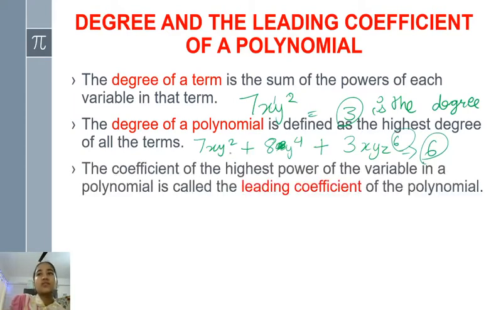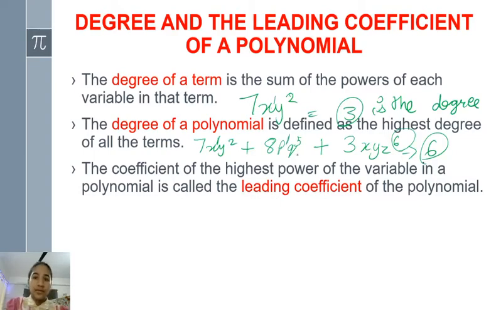Next, you cannot add the powers over here, because this has the power of 1, so you cannot add 2 plus 1, 3 and do it. You have to check it. If I had, for example, 8pq to the power 5, then you would say 5 plus 1, it is 6.